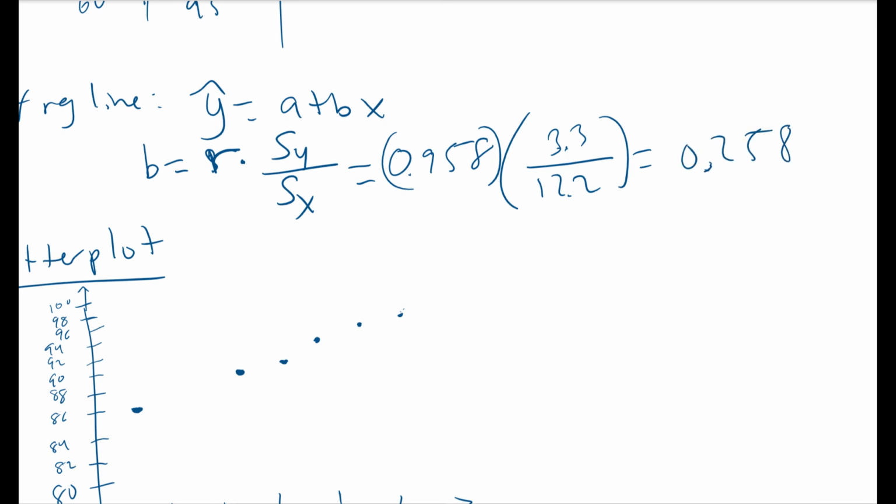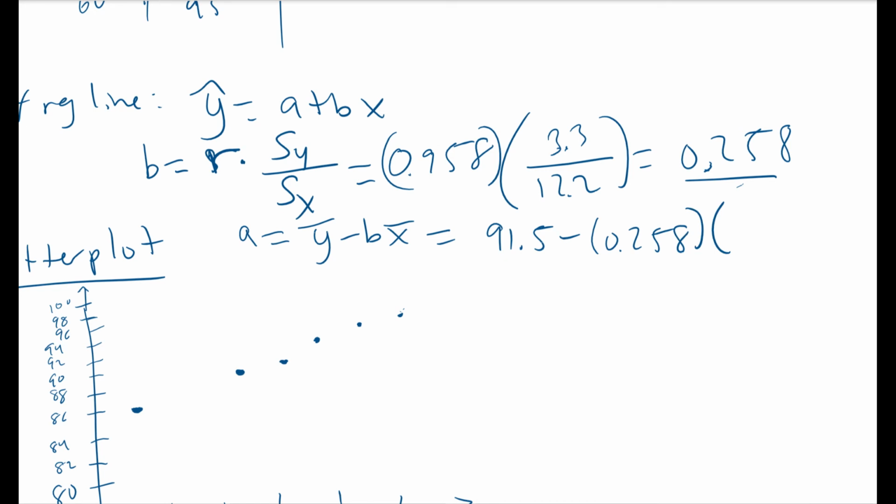Now the formula for a is y bar minus b times x bar. And our y bar, we calculated that earlier. So that was 91.5. Our b is, we just calculated that here. And our x bar, we calculated that earlier as well. That was 49.3.